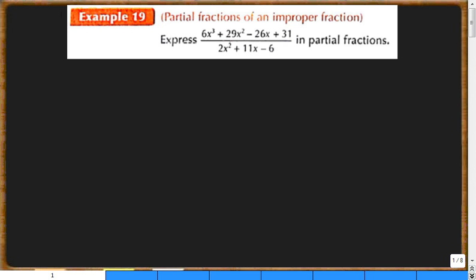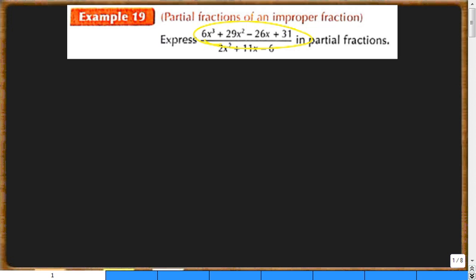Okay, so now we have example 19, and that asks us to express 6x cubed plus 29x squared minus 26x plus 31 over 2x squared plus 11x minus 6 in terms of partial fractions. So what we have here is a fraction where the degree of the numerator is not smaller than the denominator's.